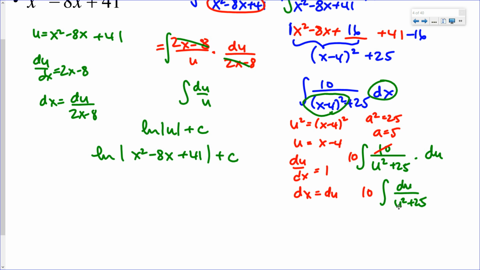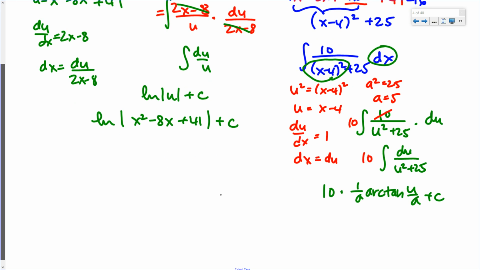Granted, your a squared and u squared might be switched. Granted, this says a squared on your pink sheet rather than 25, but a squared is just some number. So this does match the arctan integral.